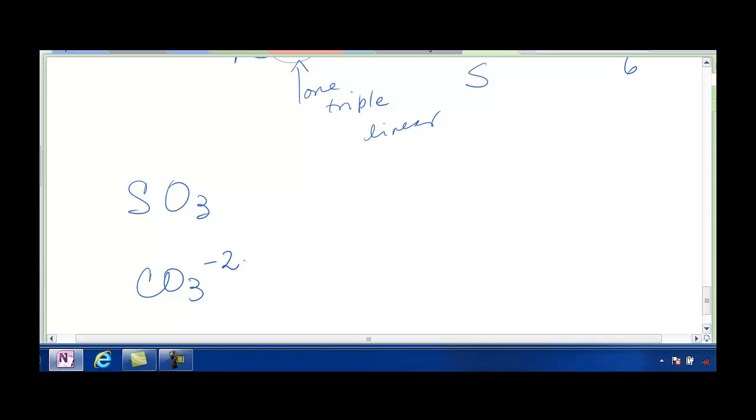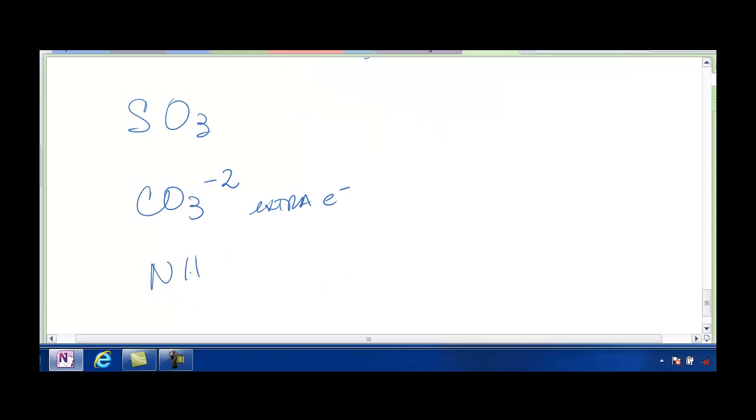What's this fellow's name? Carbonate ion. He's an ion. Has a plus or a minus charge. If it's an ammonium ion or a sulfate ion or a carbonate ion, these guys have extra electrons, or a deficit of electrons. These are ions.